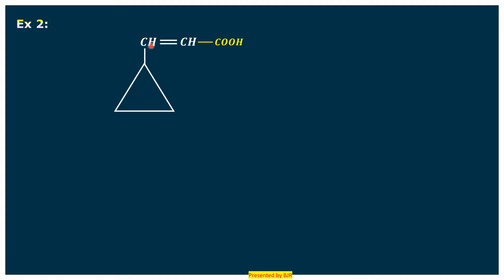When the side chain contains either a double bond or triple bond or functional group or both, at that time the side chain should be considered as the parent chain, and we have to derive the root from that parent chain only. And the ring, irrespective of the number of carbon atoms present in the ring, should be considered as the substituent.